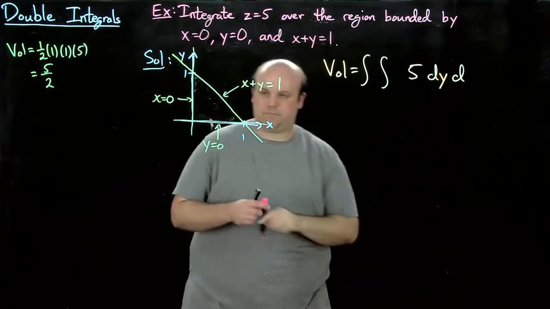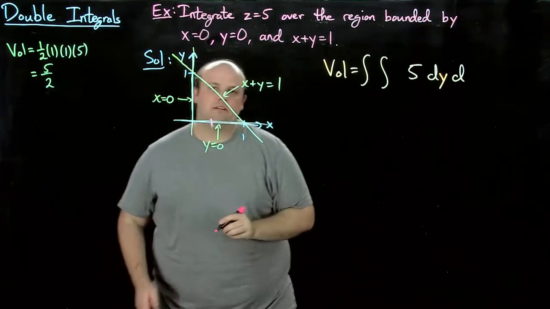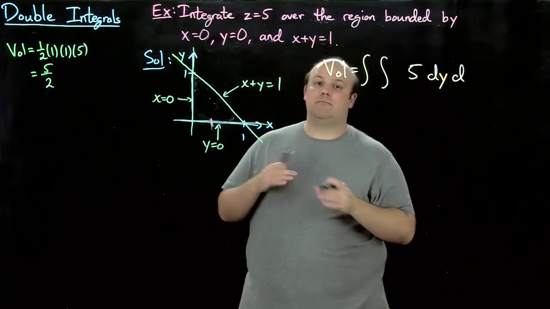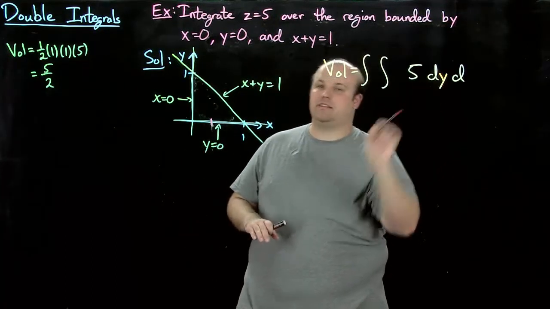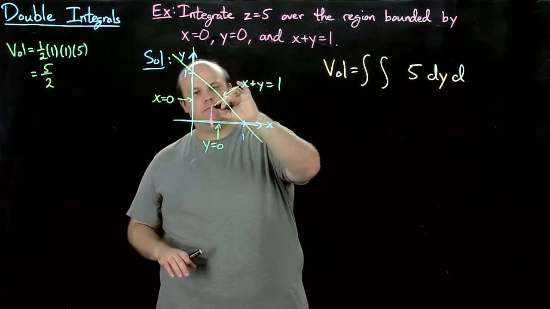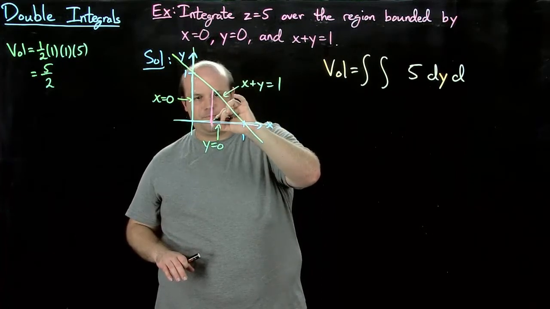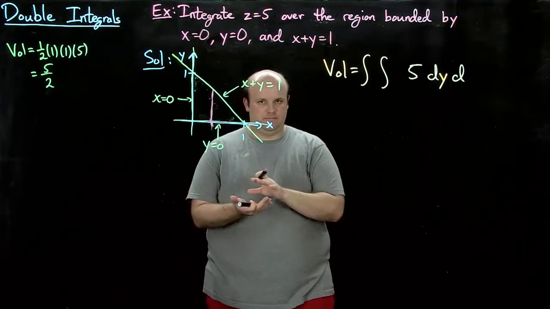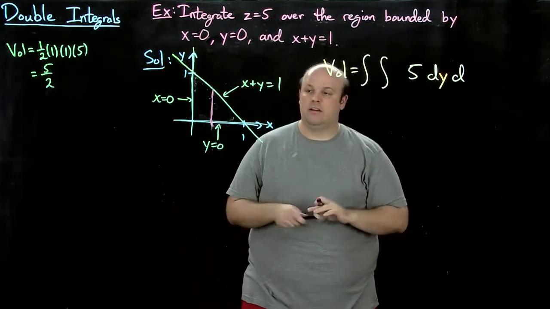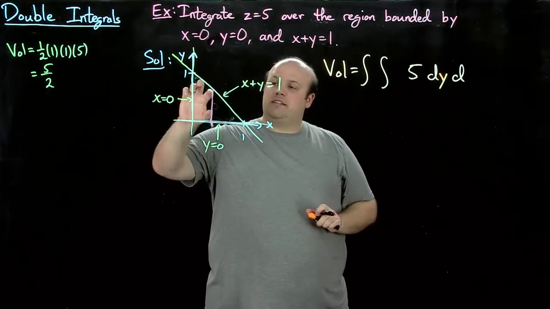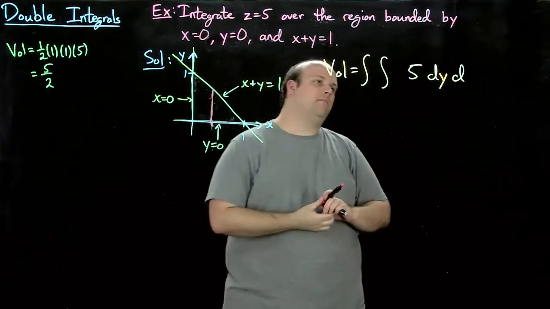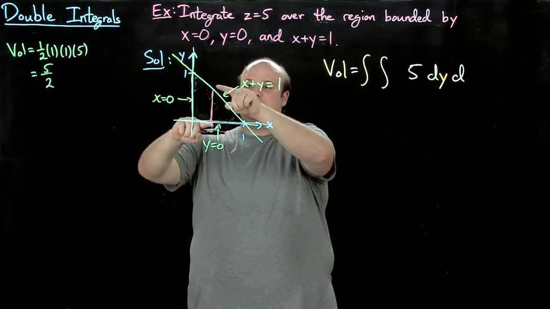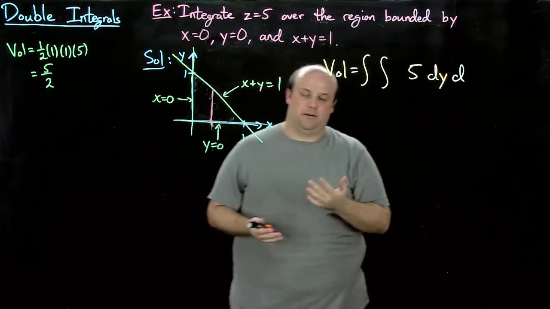Okay, so we fix that x value, and what we integrate over in this first integral is this slice right here. That actually tells us the length of that little segment.